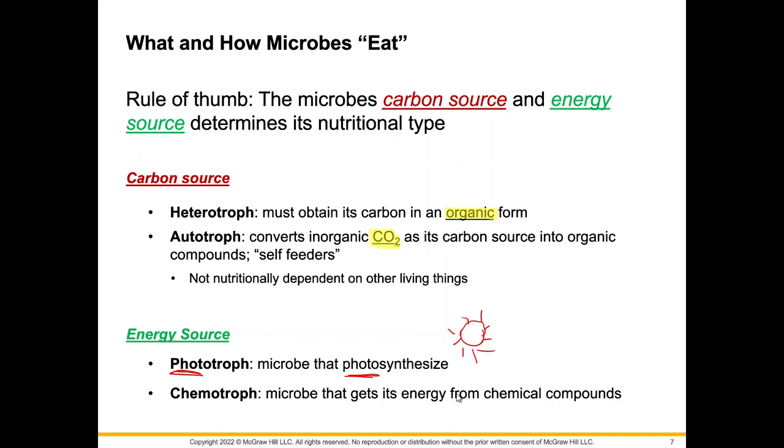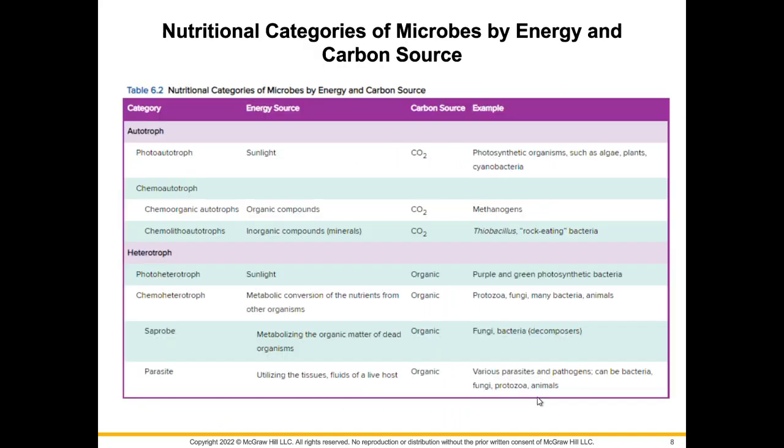Chemoautotrophs get their energy from chemical compounds. So again, in summary then, our photoautotroph will gather energy from the sun, and they will harvest carbon dioxide as a carbon source to produce the food that it needs. A chemoautotroph will utilize chemicals that will allow it to self-produce food.